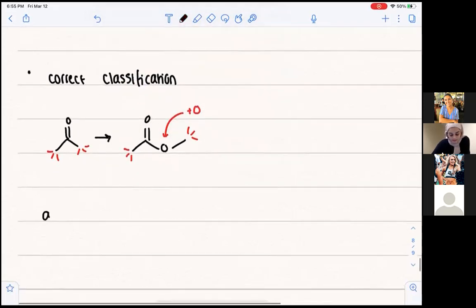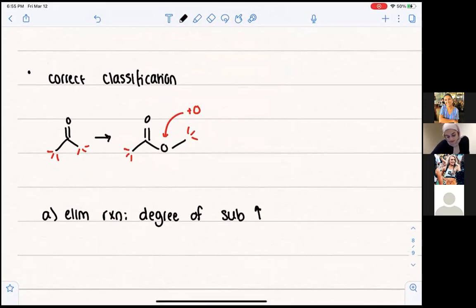Is this A, an elimination reaction where the degree of substitution increases? Is this B, a substitution reaction where displacement of an atom with another atom?